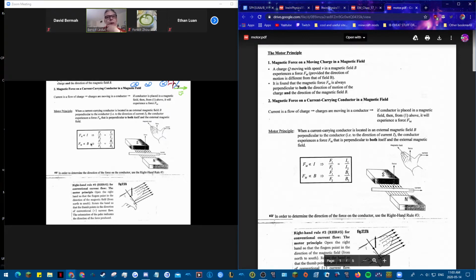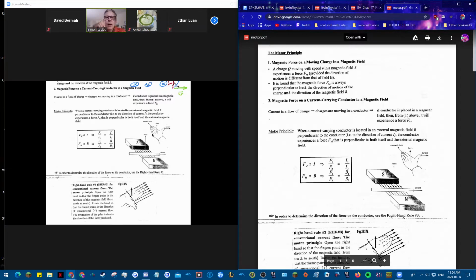Now the right-hand rule number 3 will tell you in which direction the magnetic force is exerted on a current-carrying wire. In this one here, this is the right-hand rule. I don't like this version with the palm, but you can do that if you want.